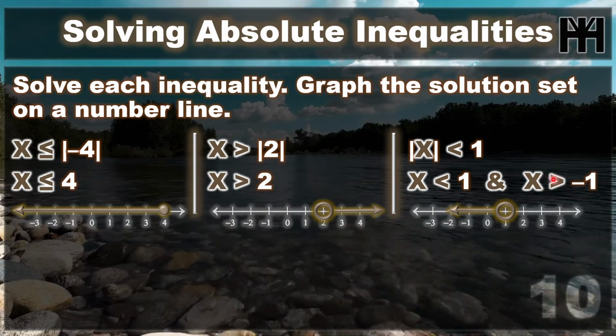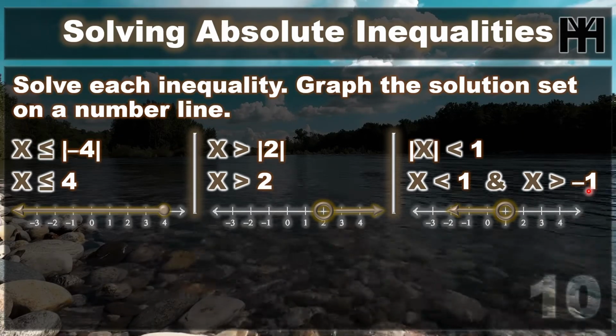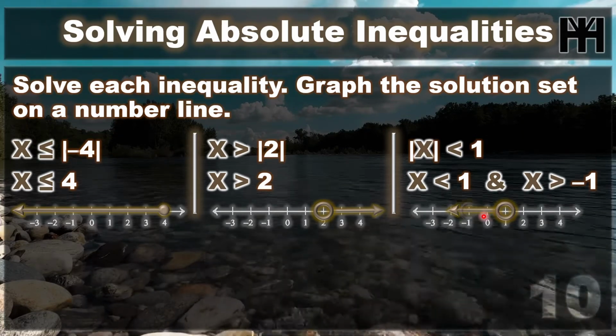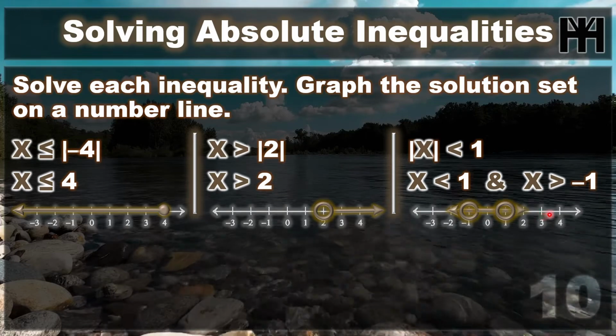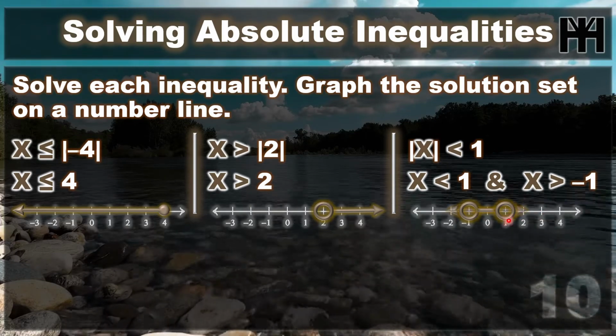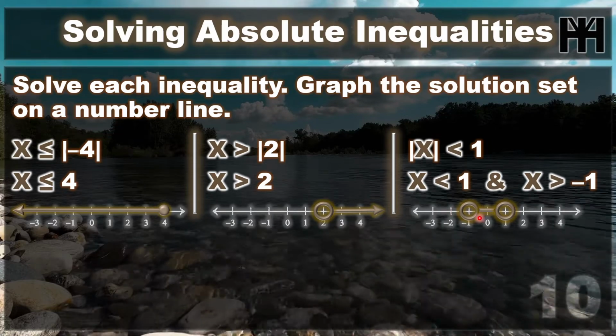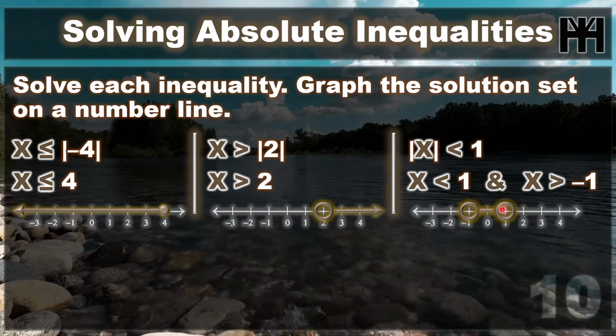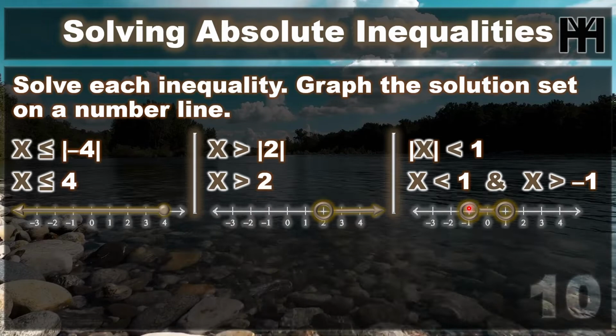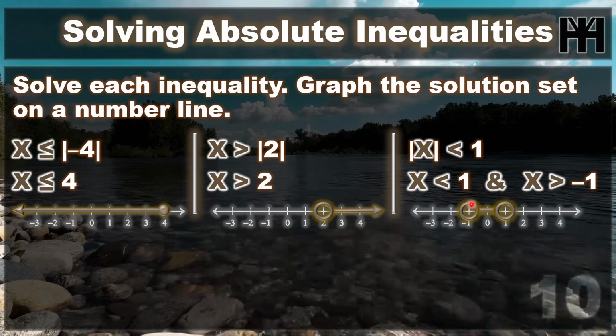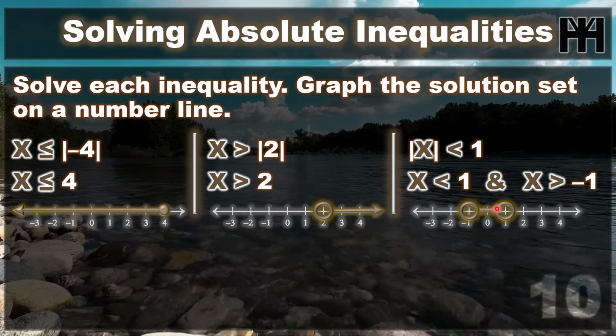Okay, x greater than negative 1. So here it will go to the right. So let's remove the excess here. So this is the solution set here. The solution in the number line is here. It's from the negative 1 to the 1, and both will not be included.